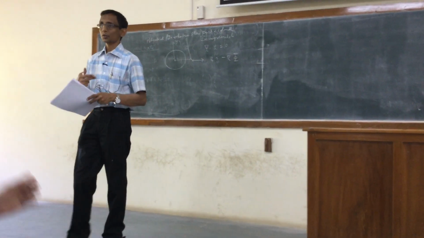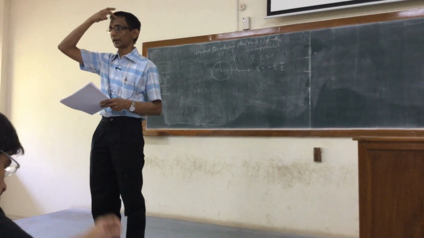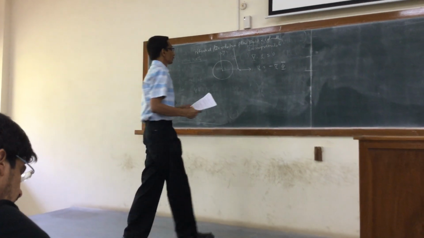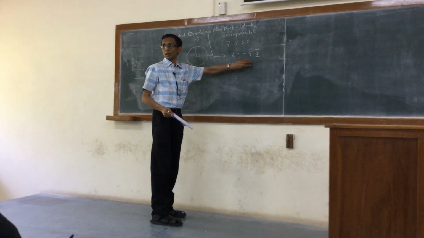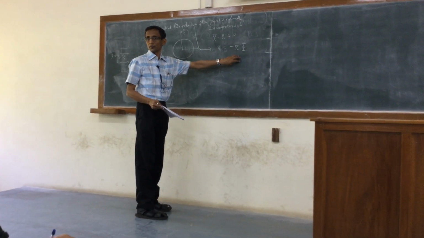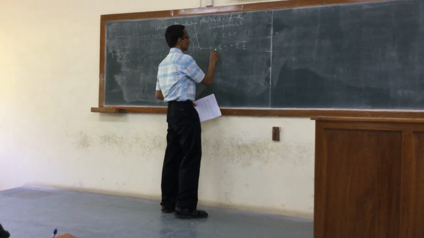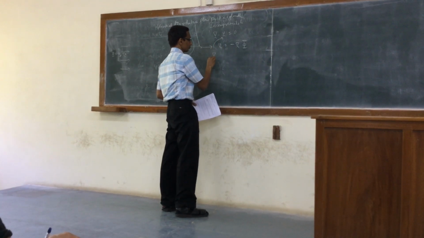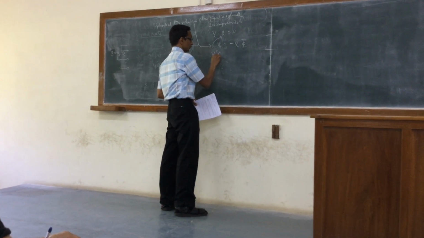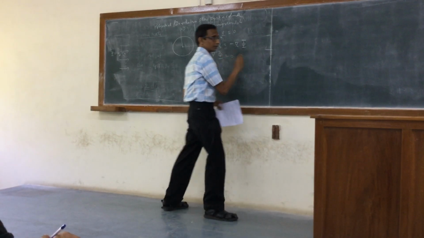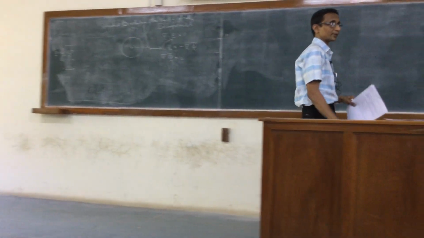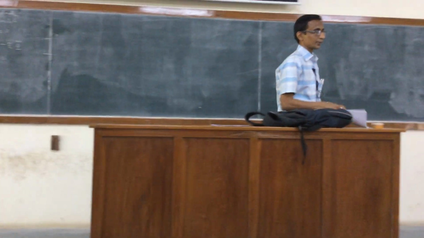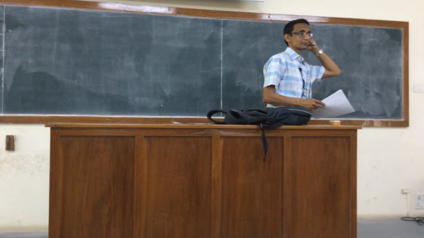So what we are doing is not finding the velocity directly, but finding the potential and using this equation to find the velocity. If I substitute this here, then I get that the Laplacian of phi is 0. So phi satisfies the Laplace equation.